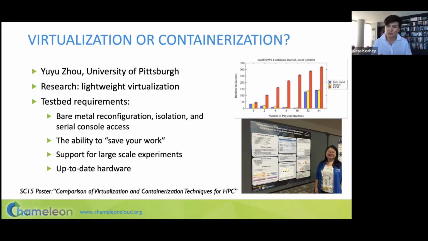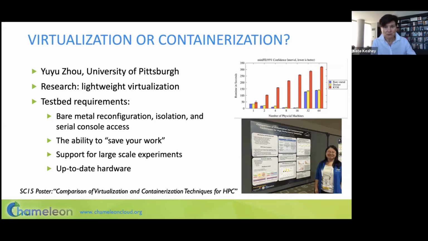So the performance of containerization versus virtualization. She actually found that everybody expected containers to do better, but actually virtual machines were doing better for reasons of software interference. And she needed bare metal reconfiguration.